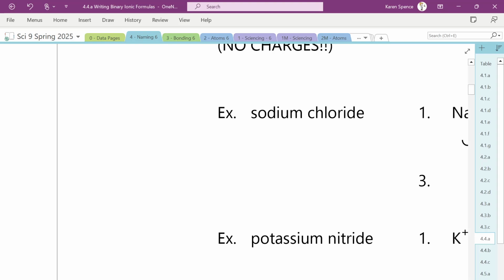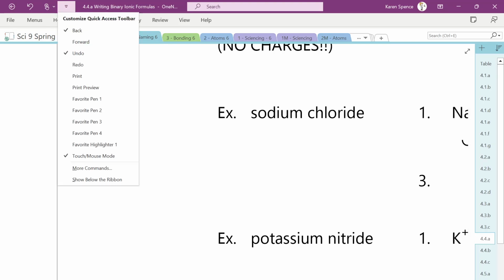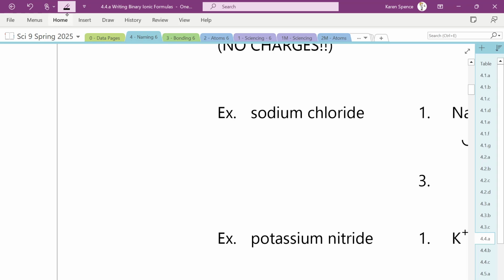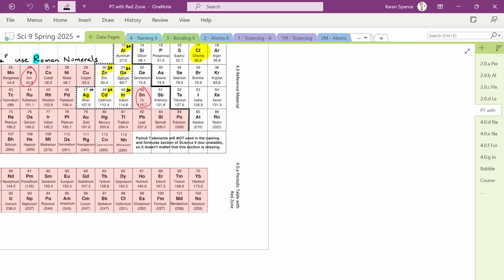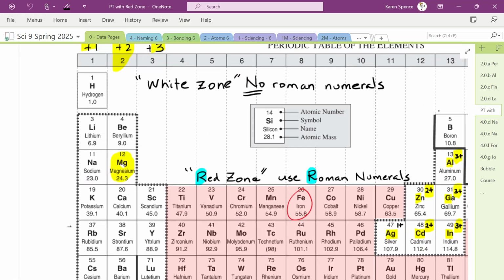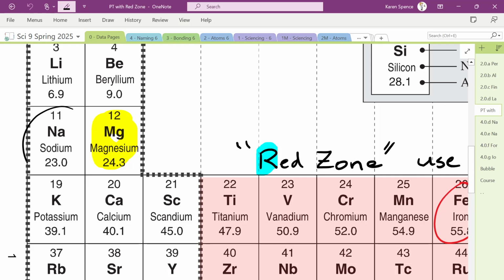you're going to write the symbol for sodium, which is Na, and you're going to write the symbol for chloride, Cl. But then you have to look up the charges, or you have to know the charges. Sodium is in group 1.